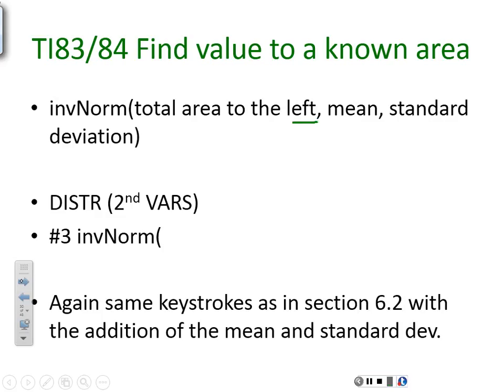So in this case, that's 0.6, the mean, which was the 69, and the standard deviation, which was the 2.8. And it's going to give you that same x value that we had before. So you're putting in your area first, your mean, your standard deviation.